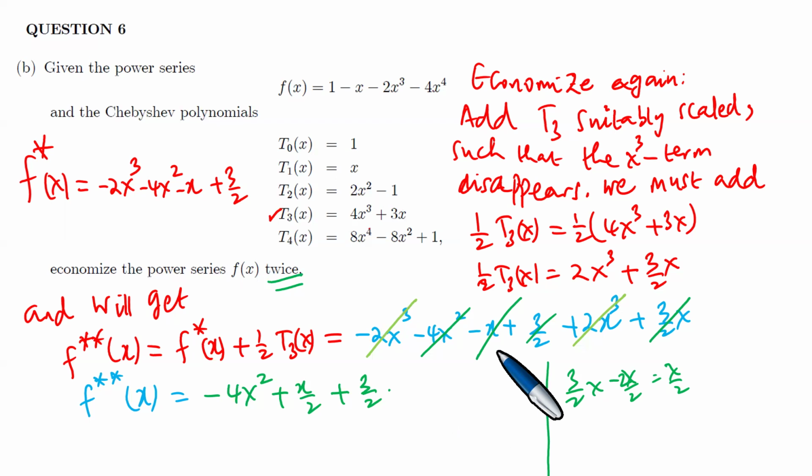And then now we got F double star, which is exactly this. So it's minus 4x squared plus x over 2 and 3 over 2. So we've economized this power series problem twice.